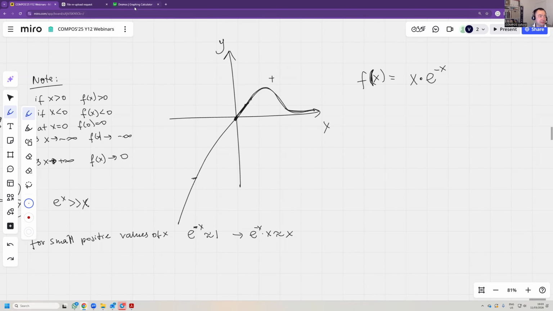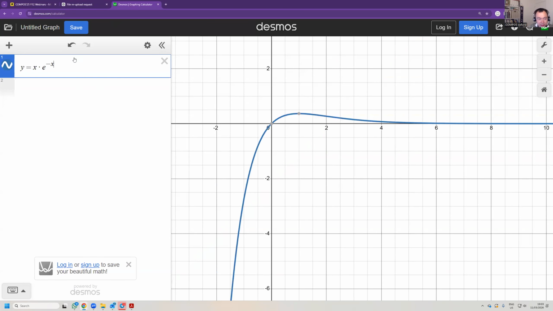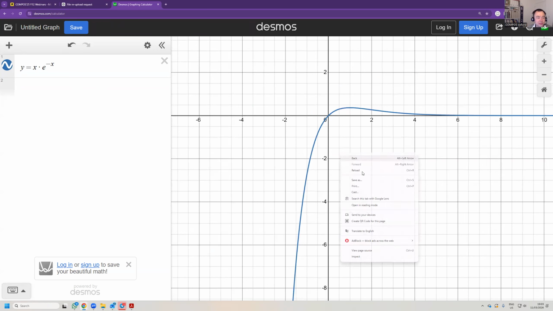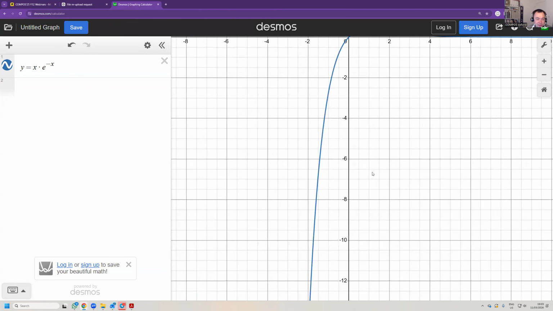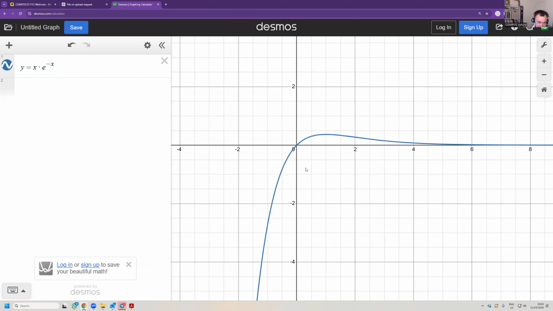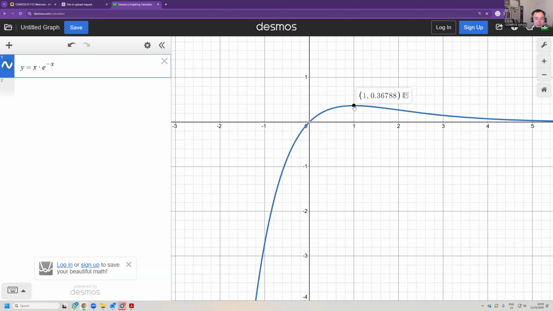Okay, let's see if that makes any sense. y equals x multiplied by e to the power minus x. And yeah, it does. So it just behaves like an exponent on the left. Then it goes through 0. It has a maximum point, and then like that.